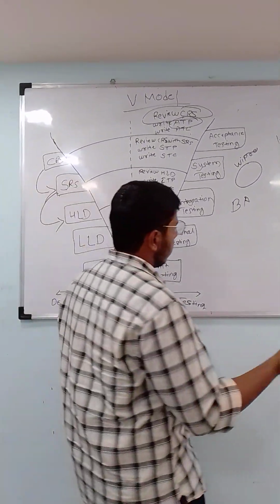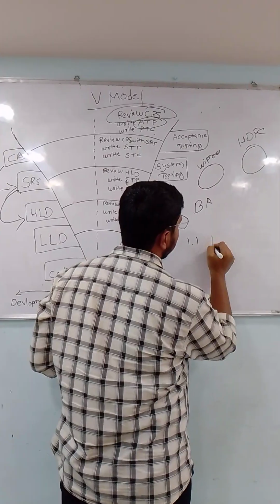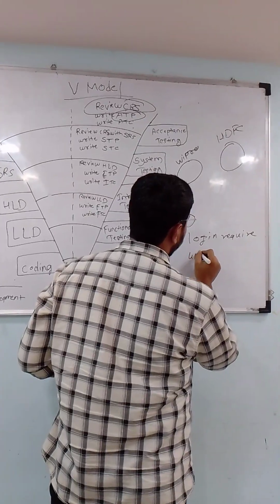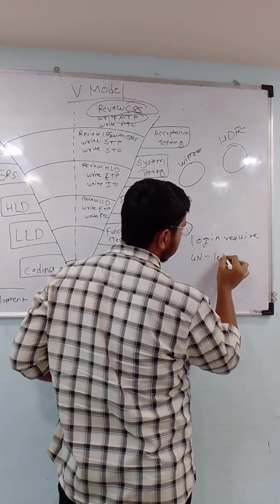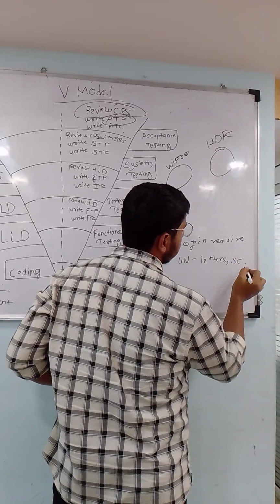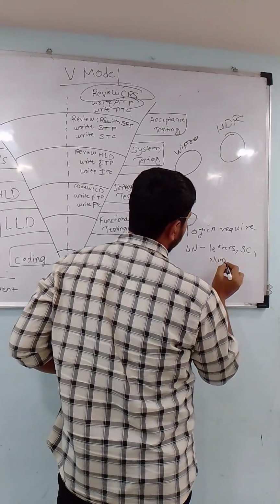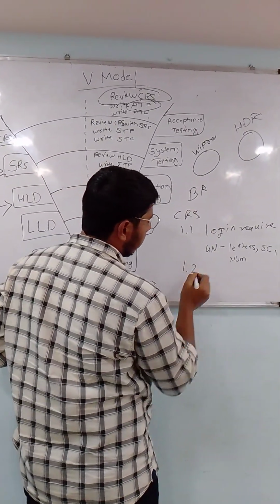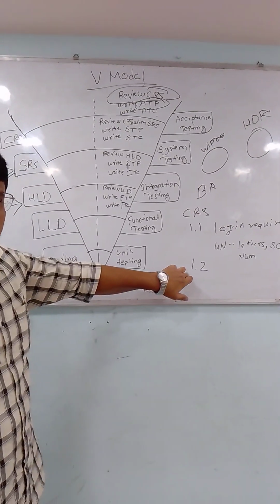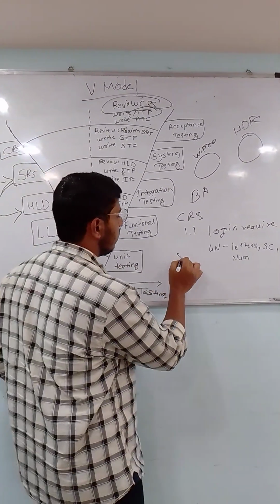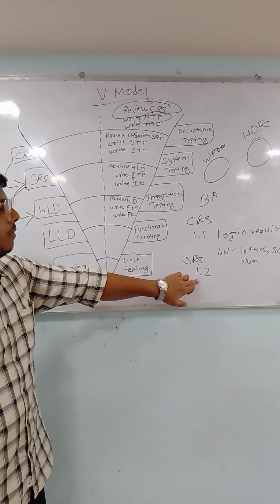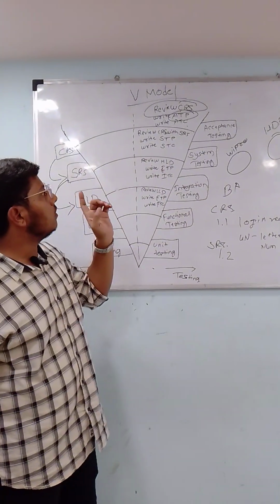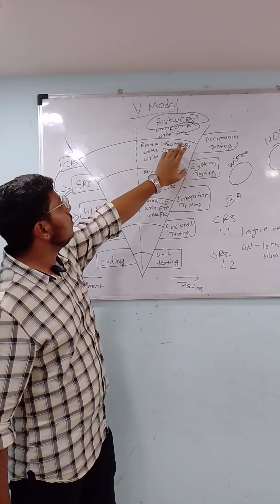Let's say requirement 1.1 says that login requires a username, and the username must have letters, special characters, or numbers. That is how it is in the CRS, but in the SRS it could be indexed as 1.2. If this happens in the SRS, it is a mistake that happened while converting CRS into SRS. To take care of that problem, the review of SRS will happen against CRS.